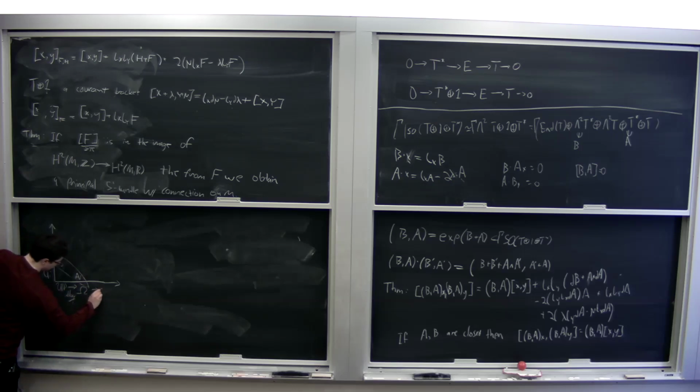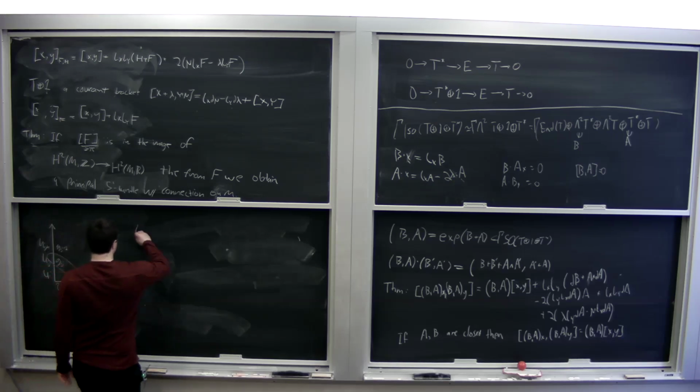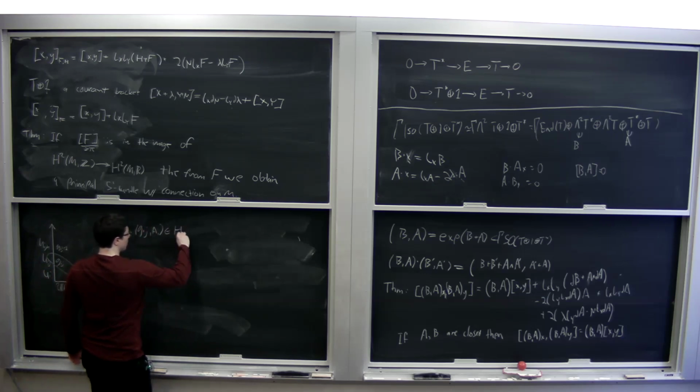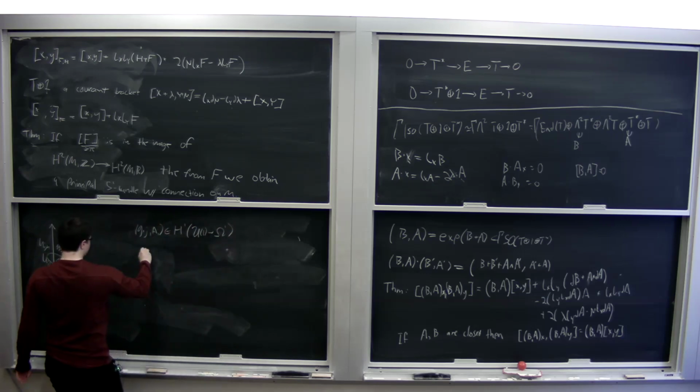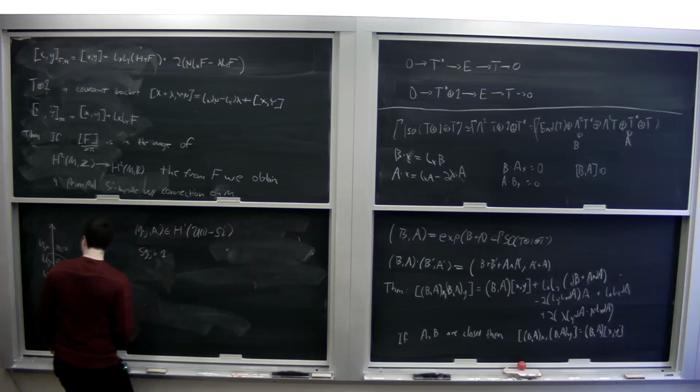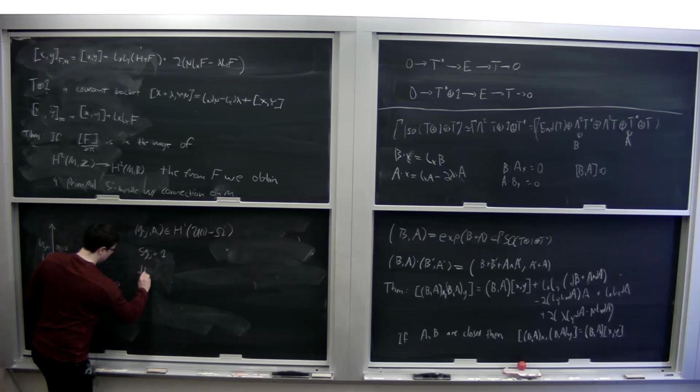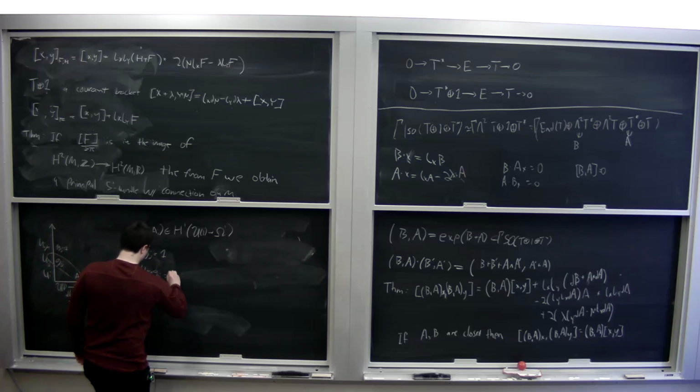Because I'm just extending the complex by 0, there's no condition on the A_i. But for g_ij, A_i to be in H1 of this complex, I need to have that delta g_ij is equal to 1 and d log of g_ij is equal to i delta A_i.